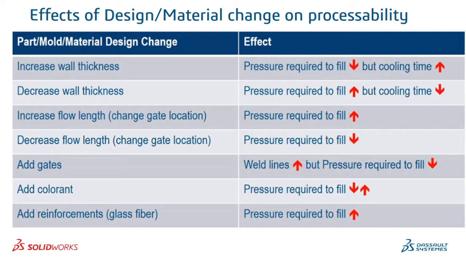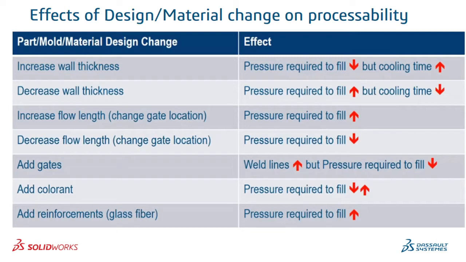Now, effects of design and material change on processability, right? If you increase the wall thickness of your part, the pressure required to fill will go down, but the cooling time will increase. So these are a few of the criteria which will affect your molding cycle, right? If you decrease the wall thickness, or increase the flow length, for example, the gate is located at one end and lengthwise it is too large, then the pressure will go up to fill the cavity.